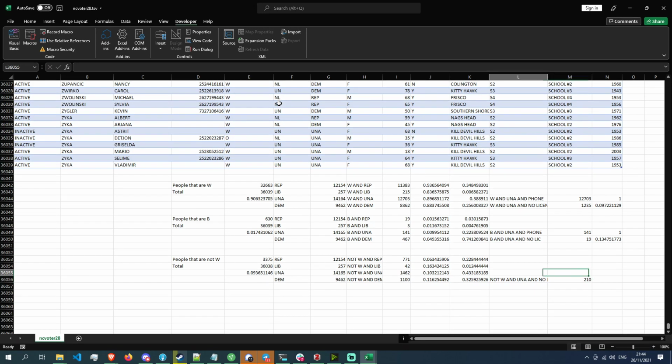That's 210 people out of the 3,000 people that are not white in the state. 6% don't have a license.